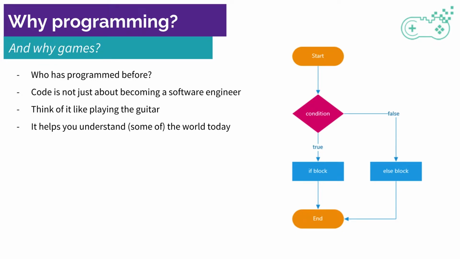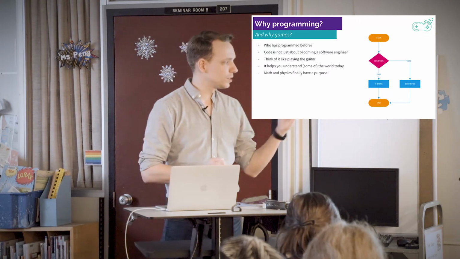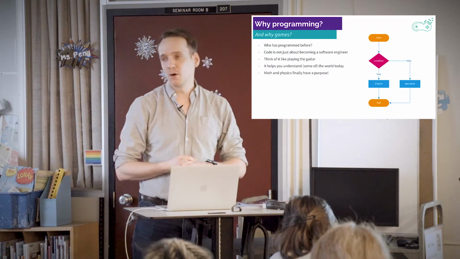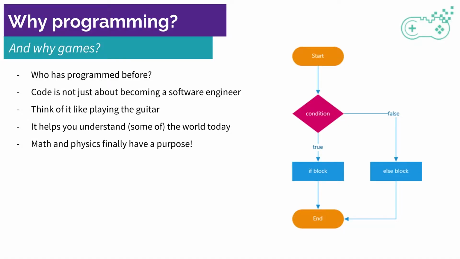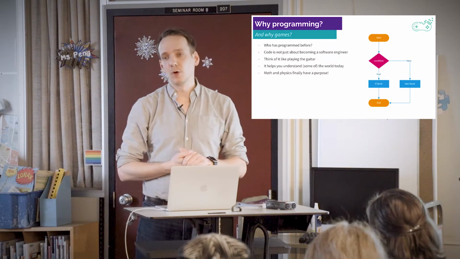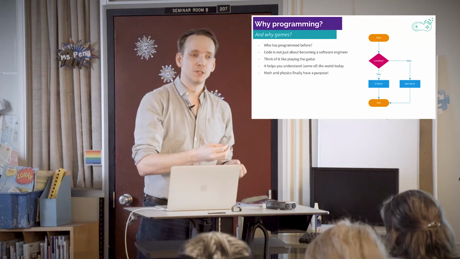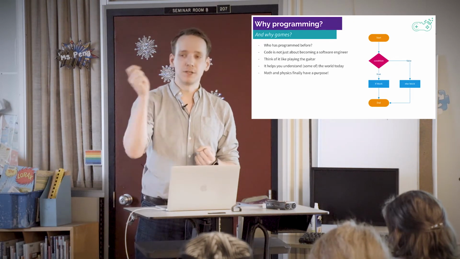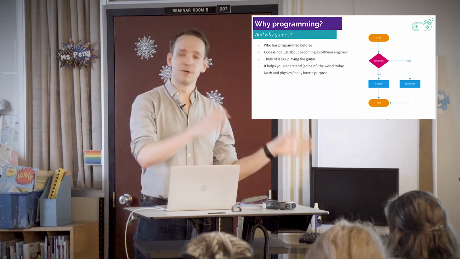I always say it helps you understand some of the world today. Of course, a lot of things will always be hidden, especially within the times of technologies. Very, very useful to have some understanding of how that was made and what it can do to us. This is one that I found is quite great. I don't know how many of you have dealt with students that were maybe not as into math or not as into physics even. The nice thing about coding is that it gives that a purpose. When you're learning about math, you generally just look at the numbers, and some kids are great with numbers.